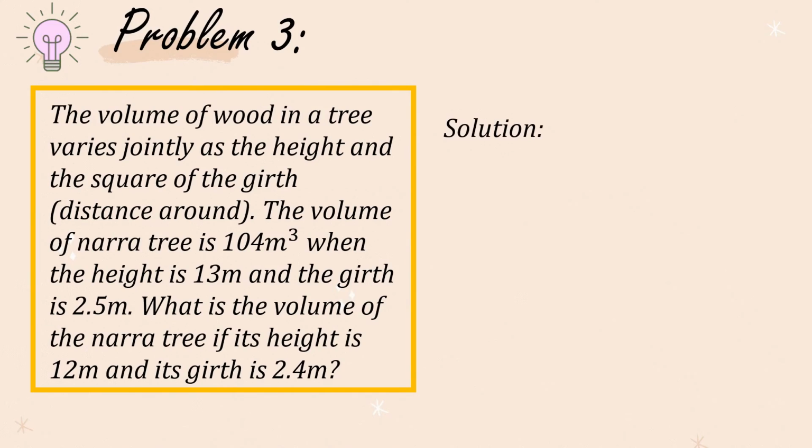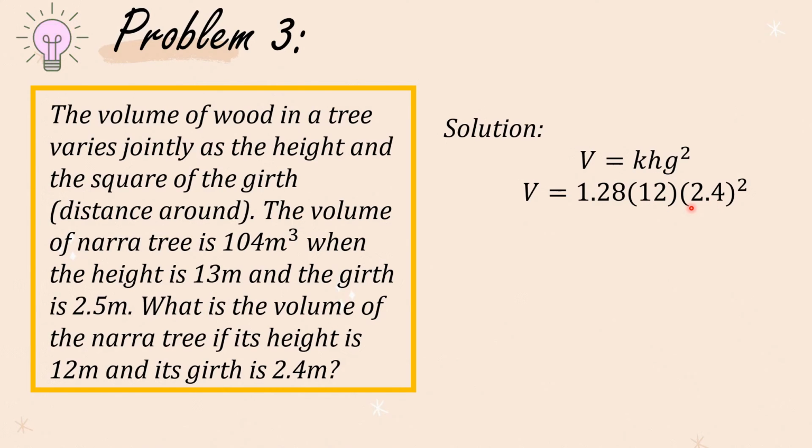Using the value of the constant, we can now find the missing variable. Let us now have our equation V equals K times H times G squared. We will now substitute the remaining values. K will be 1.28, our H will be 12, our G will be 2.4.